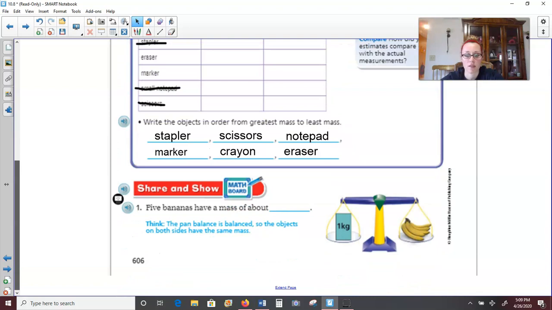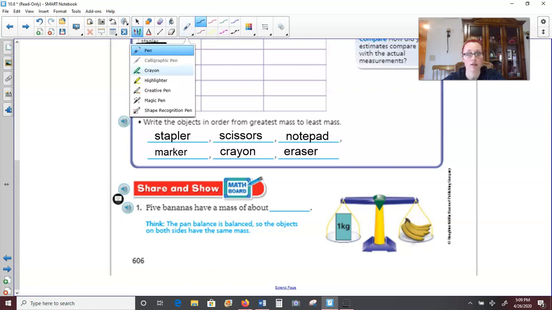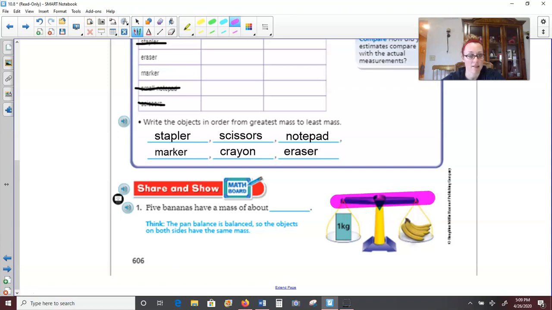All right, well, the next one gives us a nice picture, so we can answer this question. If we have 5 bananas on this scale, what is the mass of the bananas? Meaning, how much weight does it carry? Now, when we look at the scale, notice how the balance scale is balanced. It goes straight across.